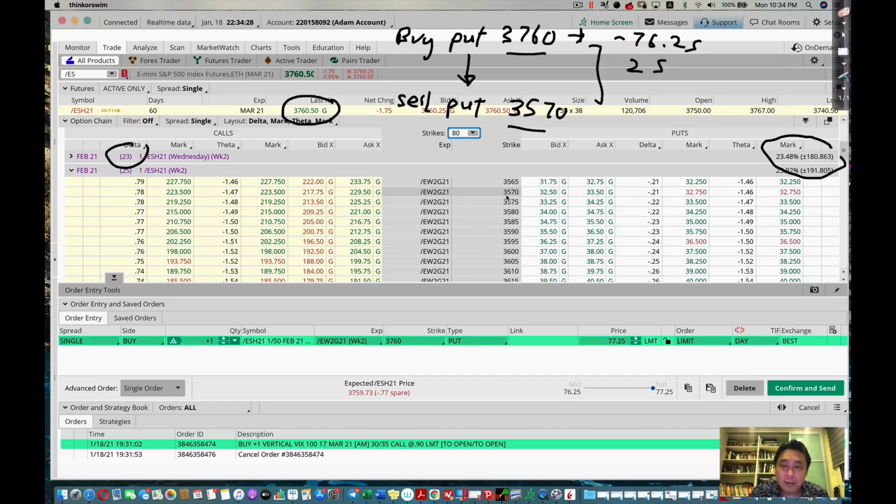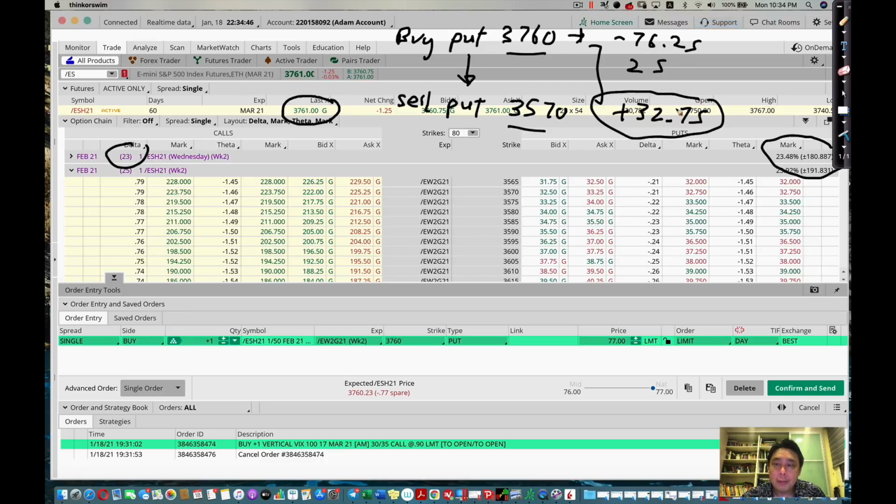There we are, 3570. If we sell this one, it will give us 32.75. So we collect this premium, which will help us to pay for this expensive put, lowering our cost.